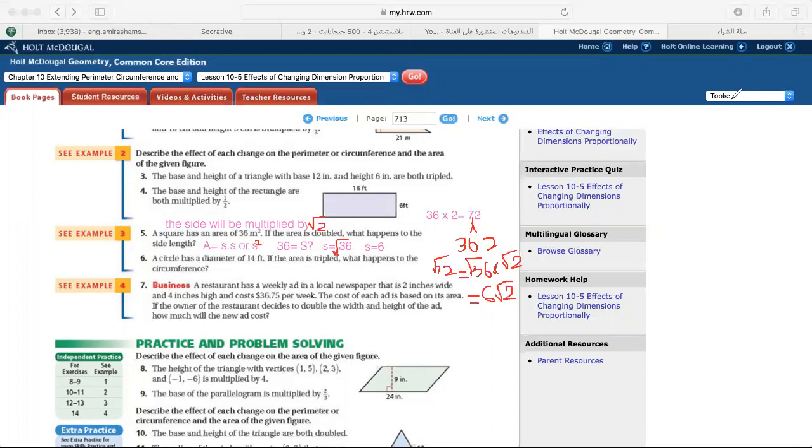So the square root of 36 multiplied by 2 is the square root of 36 multiplied by the square root of 2. The square root of 36 is 6, and the square root of 2 I don't have. So the side is 6 square root of 2. Before it is 6, now it is 6 root 2. What happened? It is multiplied by square root of 2.